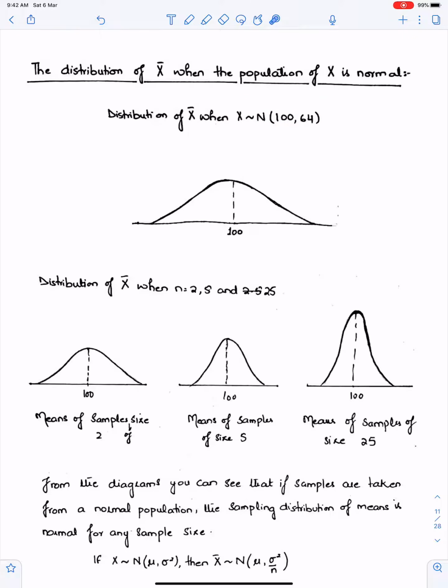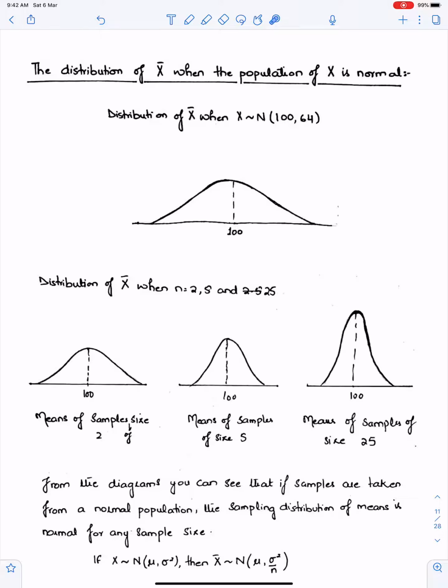Remember this: when the population is normal and sigma square is known, then the distribution of x bar for any sample size will always be normal. The distribution of x bar for all sample sizes is normal. This is normal, and this is also normal.